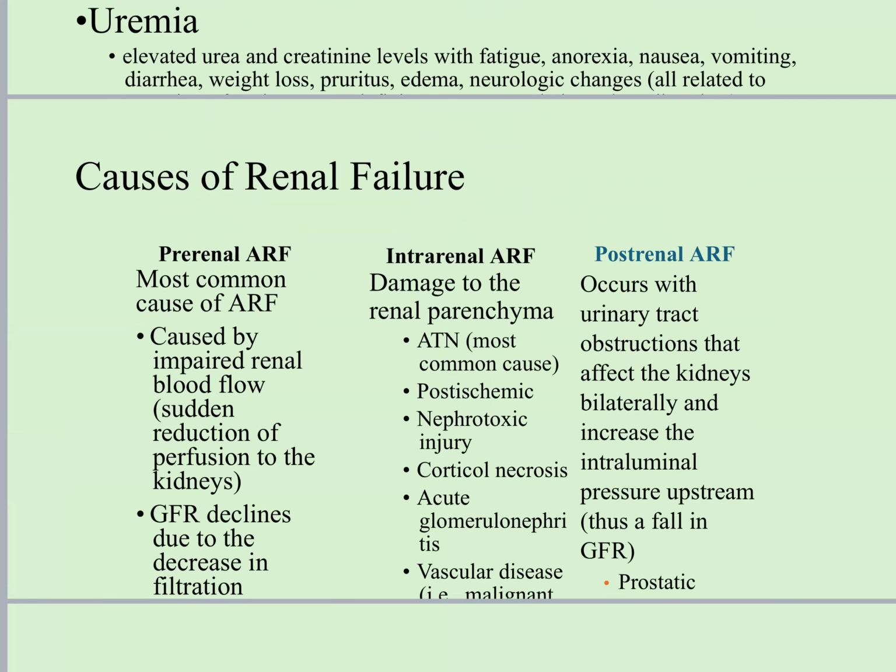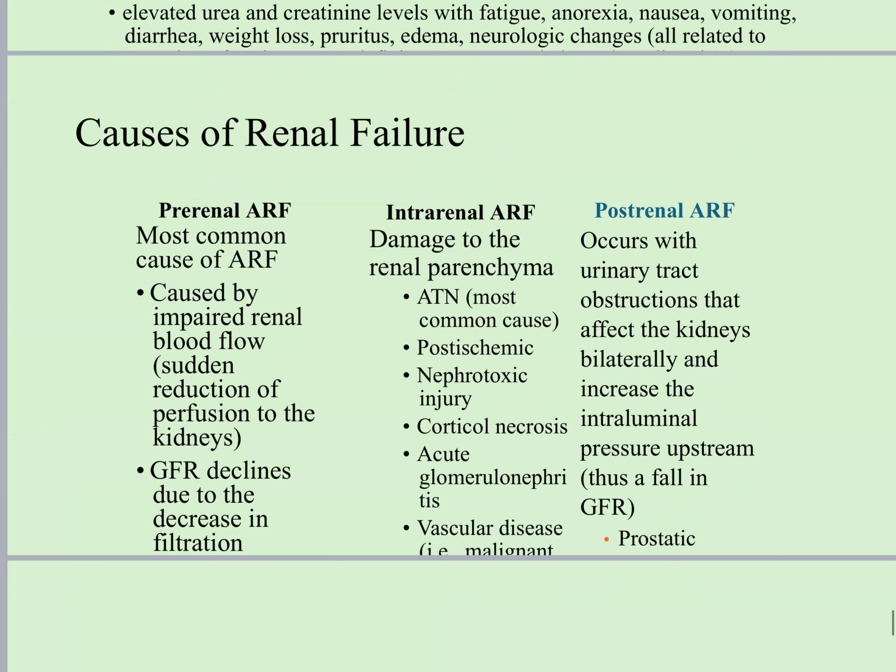Others include post-ischemic or nephrotoxic injury, cortical necrosis, acute glomerular nephritis, like we just talked about, or vascular disease. If you had a malignancy, like kidney cancer, that would be intrarenal acute renal failure. It's direct damage to the renal parenchyma.